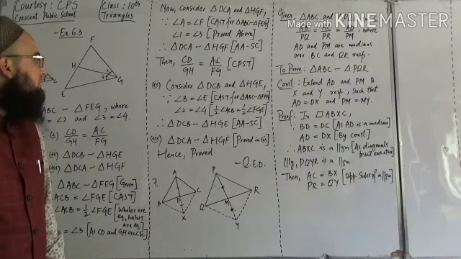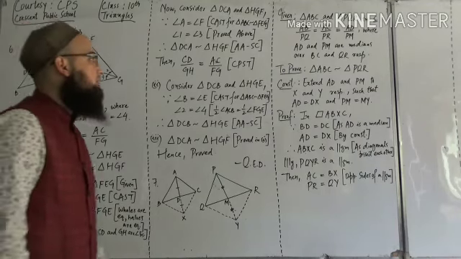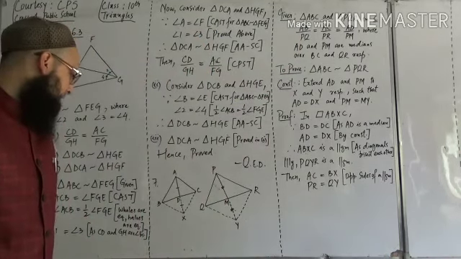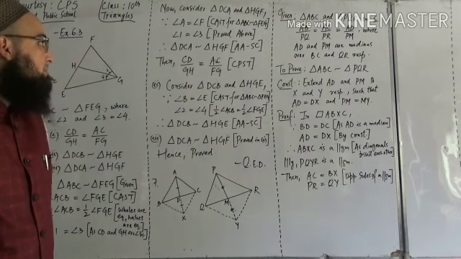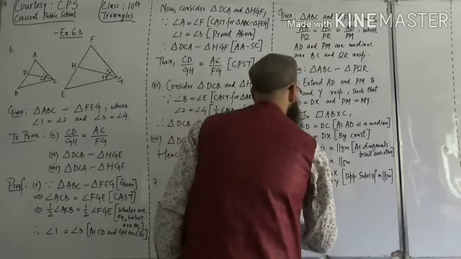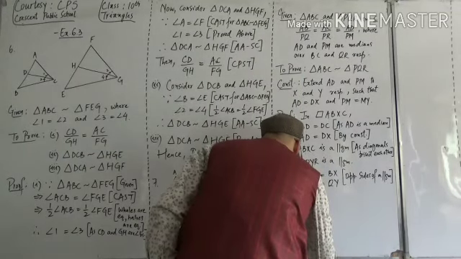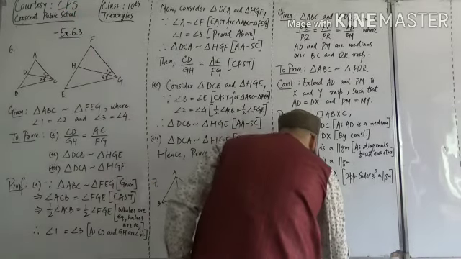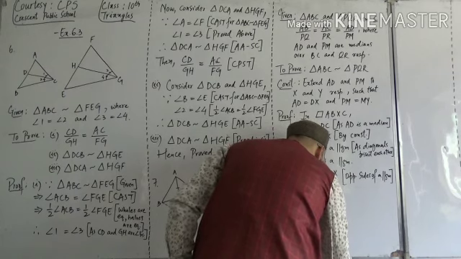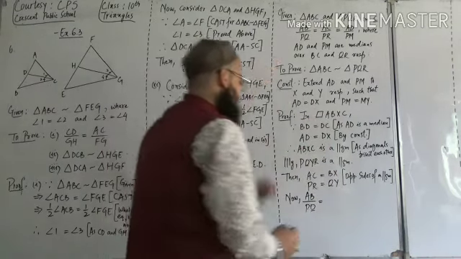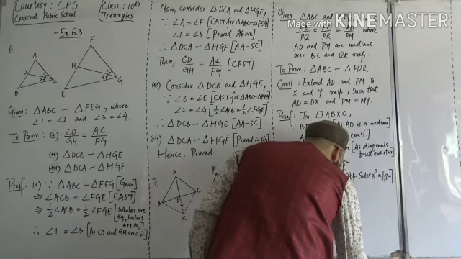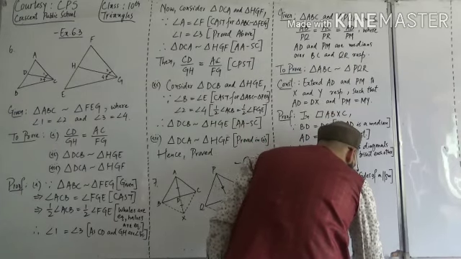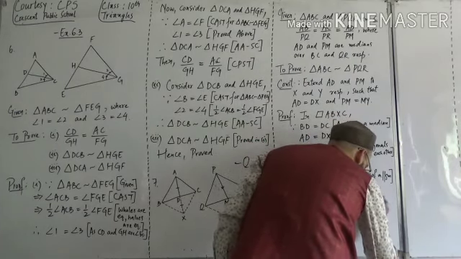Now what we got from that? Let us use this now. AB by PQ is equal to AC by PR is equal to AD by PM. This is given.